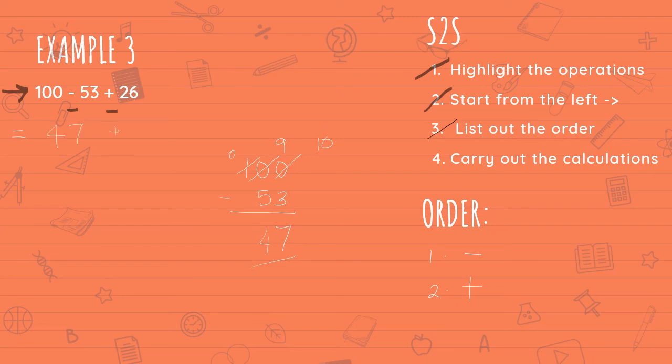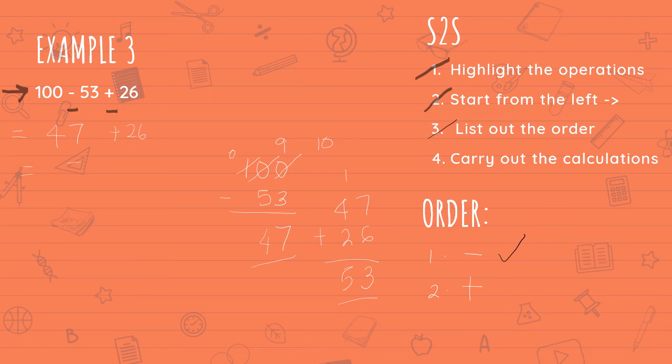Bring these two down, plus and 26. So you have done the first order, which is minus. Now the second order is plus. So you take 47 plus 26. So 7 plus 6 is 13. 1 plus 4 is 3. 3 plus 2 is 5.